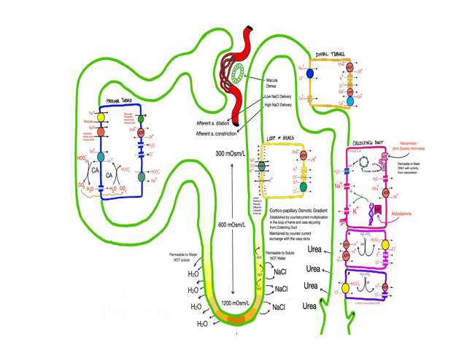Then the descending loop of Henle, where water will be mostly reabsorbed, and then the ascending loop of Henle, where sodium chloride will be reabsorbed but water will not be reabsorbed, as the ascending loop of Henle has no structure by which water can be reabsorbed.